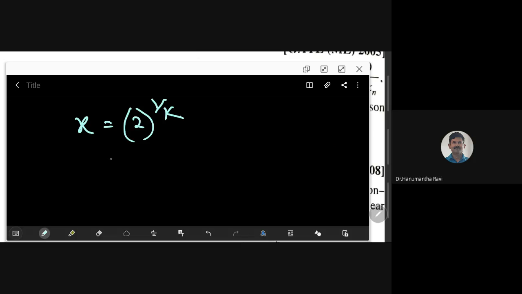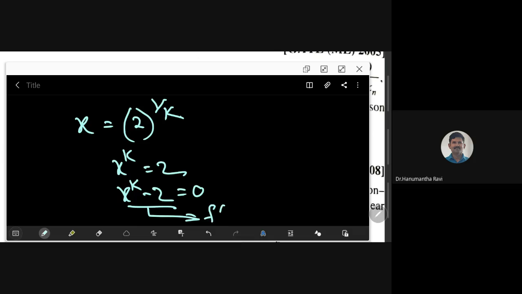So what will it come? Our function will be this. Okay, this is our f of x. What is f dash x then? k x power k minus 1.